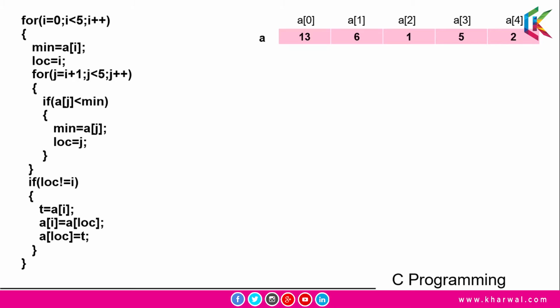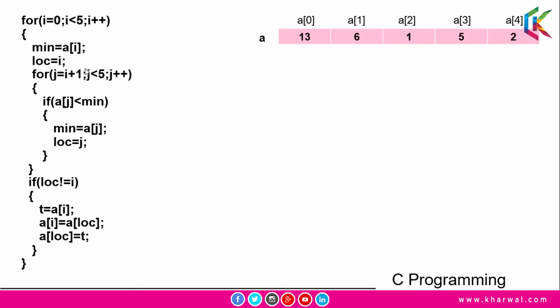So the value of j will be 4, and 4 less than 5 is also true, and it will check this condition: A[4], that is 2, less than minimum, and the value of minimum is 1, so this condition is also false. After that, j++ will be executed, so the value of j will be 5, and 5 less than 5 is false.